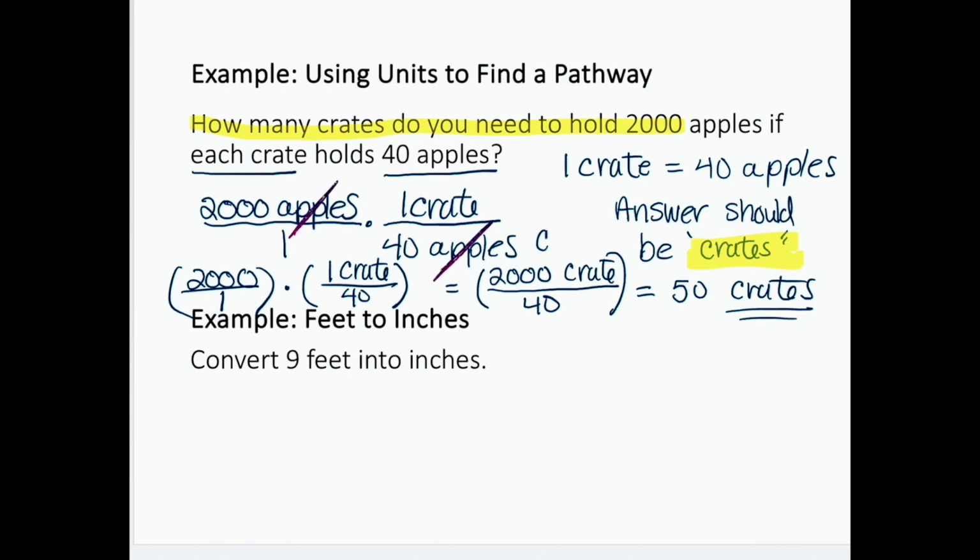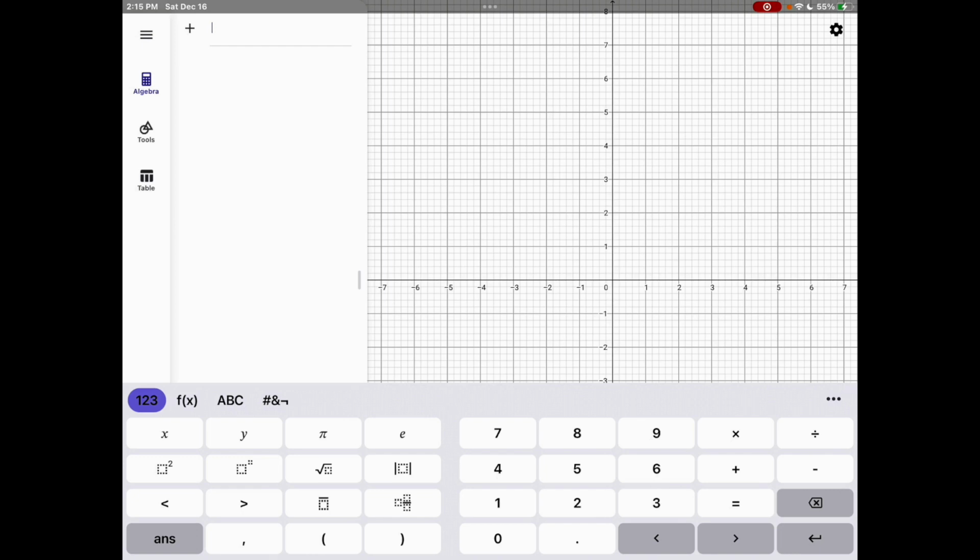Now let me show you how you can do this on our GeoGebra calculator. When you open up one of your assignments, before you click on the start button to enter into the area where you answer your questions, there'll be the instructions for the assignment, and then underneath there you'll see a calculator button.